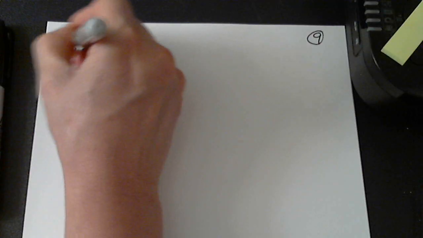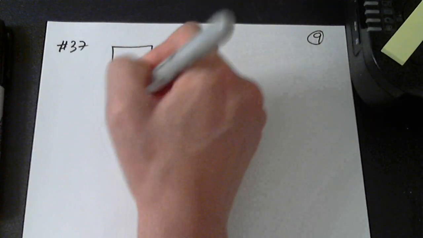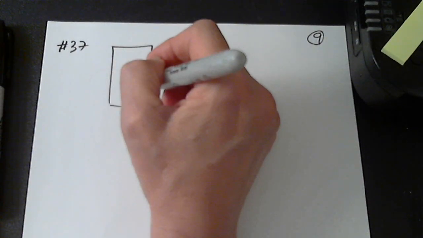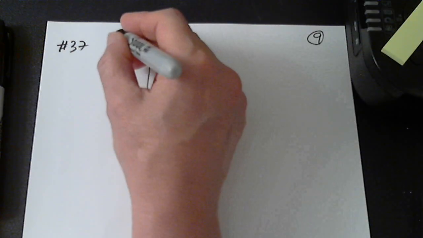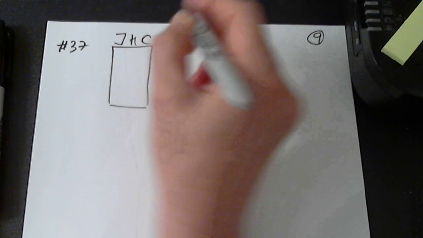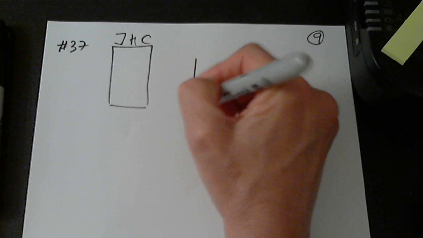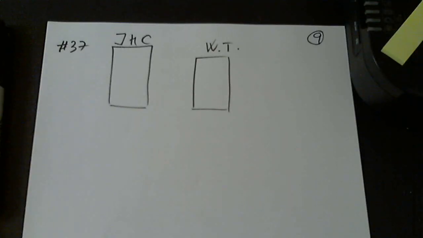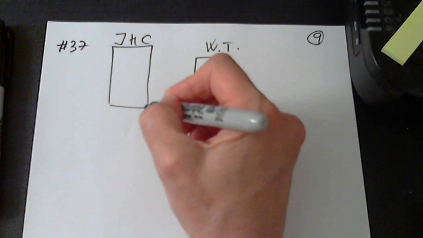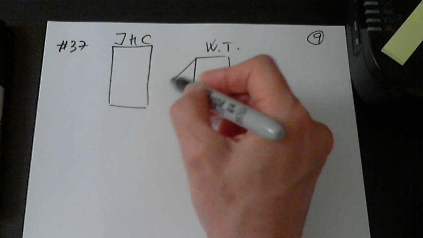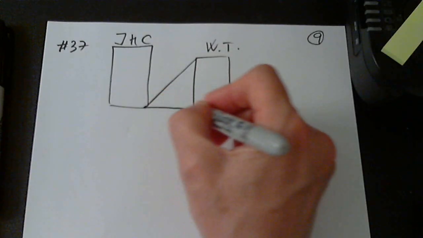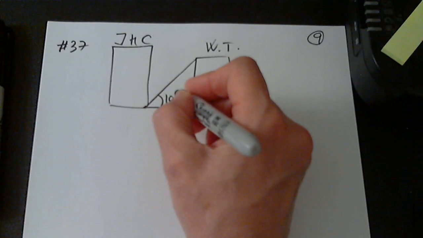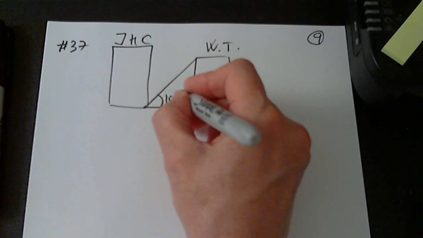So my understanding for this is, okay, so this is the John Hancock Center, and here is the Willis Center, or Willis Tower. And it says that this angle is 10.3 degrees.